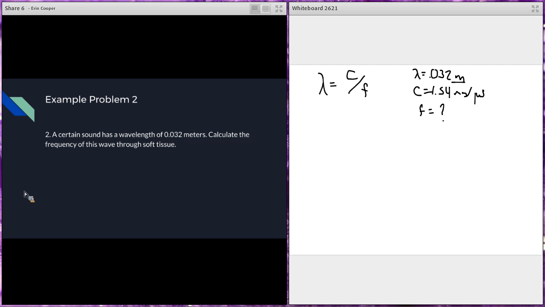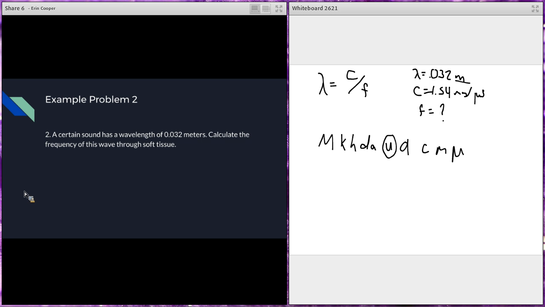Now, if we look at meters, does it have a prefix? No, it doesn't have a prefix. So that actually makes our job a little bit easier. So we know that the prefixes, again, are mega, kilo, hecto, deca, base units, deci, centi, milli, micro. Meter is going to be our base unit.